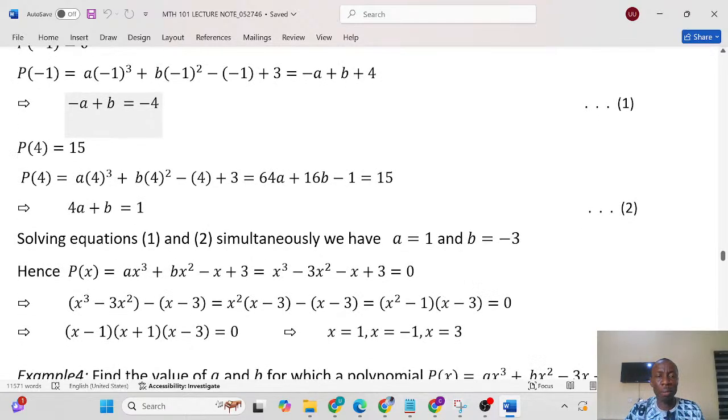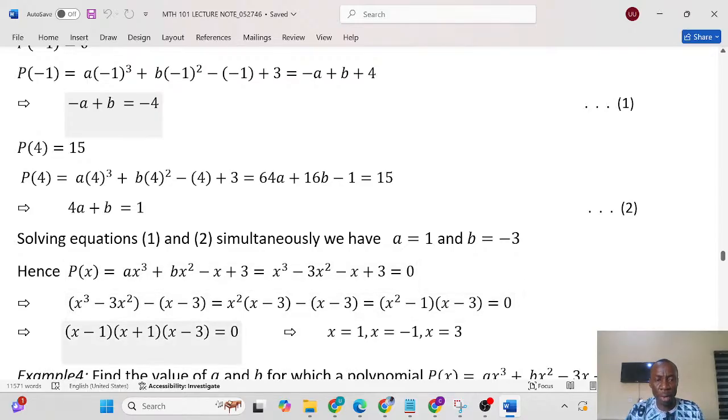So now, if you substitute the value of your a and b in this polynomial, that is p of x equals ax raised to power 3 plus bx raised to power 2 minus x plus 3, it is equals to x raised to power 3, because your a is 1, plus b is minus 3, so that will now give us minus 3x raised to power 2 minus x plus 3 equals to 0. So this one we'll factorize.